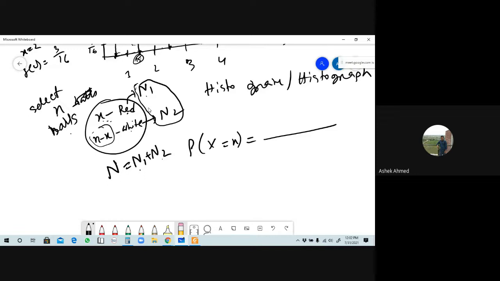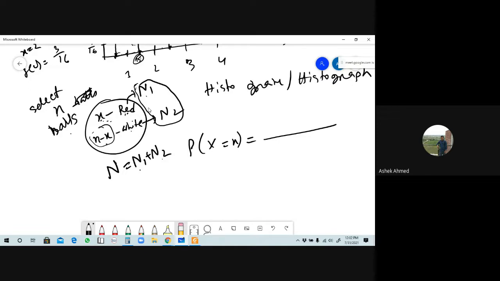তাহলে আমাদের একটা ব্যাগের মধ্যে n1 সংখ্যক রেড কালারের বল আছে এবং n2 সংখ্যক হোয়াইট কালারের বল আছে. Okay, from here we will select n number of balls of which x number of balls will be red. What will be white? n - x, is it right?